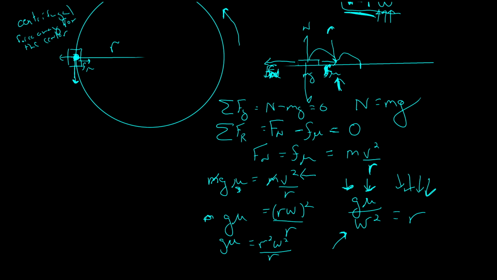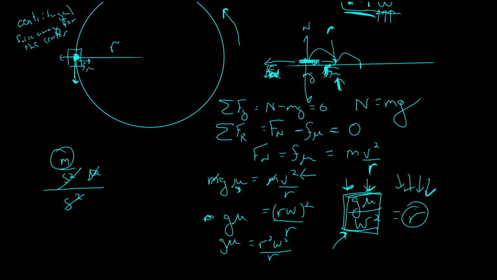And so let's double check this unit-wise. Right? The gravity acceleration is meters per second squared. Omega is per second squared, and mu is unitless. So second squareds cancel second squareds, I get units in meters, and r will be in meters. So this works for us. And we have the ability to measure where to position something on a spinning surface if we know the coefficient of friction.